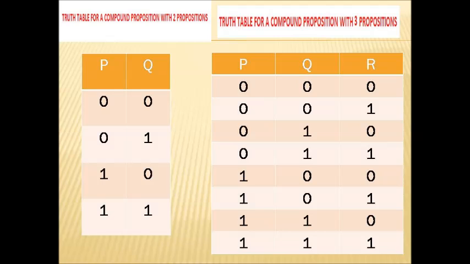So P and Q are the two propositions inside the compound proposition. Then you can see that there are 4 sets of possibilities. These are the 4 sets of possible values for both P and Q. And similarly, we have 3 propositions, say P, Q, R. Then we can say there are 8 possible combinations of P, Q and R values. Okay.